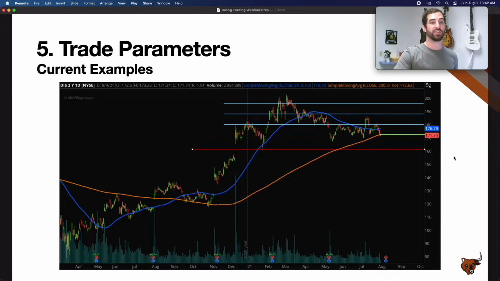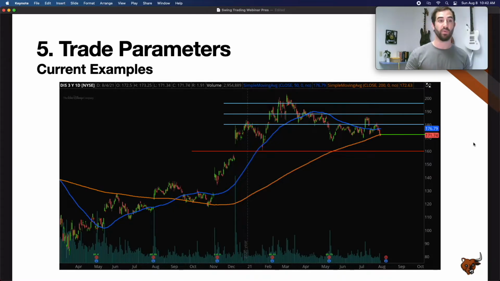I want to give it some more room. Let's say somewhere around 161 or 160, yeah, 160. Let's be very aggressive and give it a lot of room. So now my risk-reward ratio is even further to the downside because we had this fluke here. So yeah, 161, that makes sense.